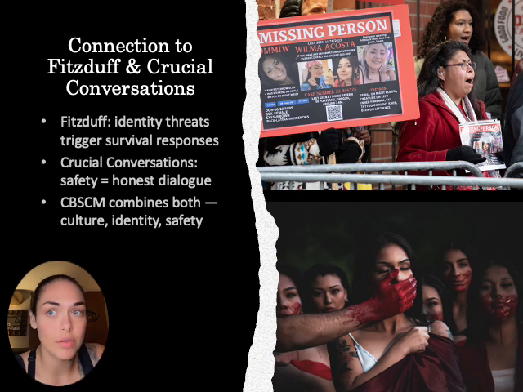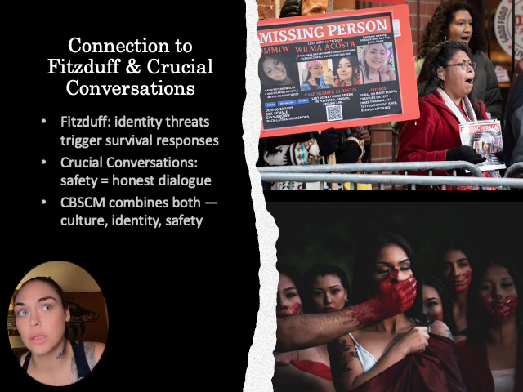It shows how safety, identity, and culture affect everything, from who speaks to how they're heard. I've watched families fall silent in court, not because they didn't care, but because the space was never made for them. If we want true resolution, we have to create environments where people can show up fully without fear. And that's one thing that I fight for every day.